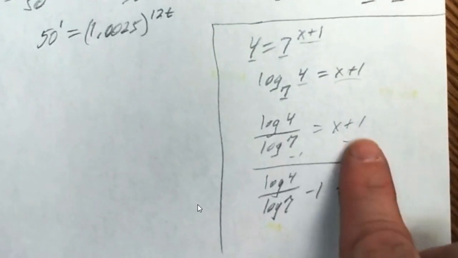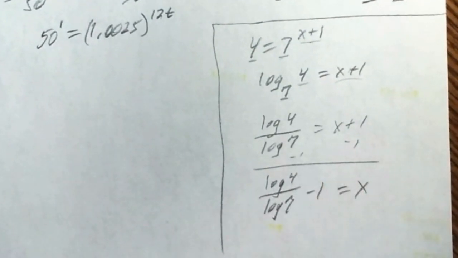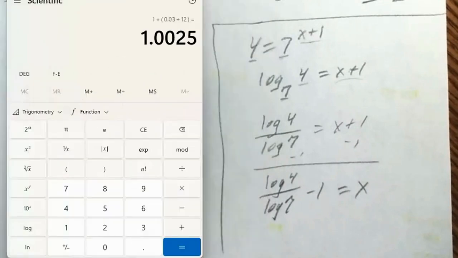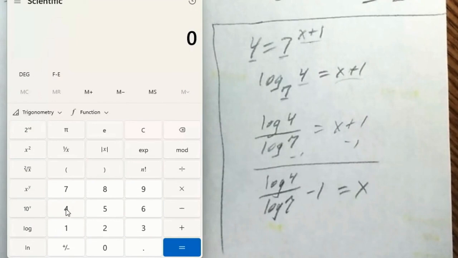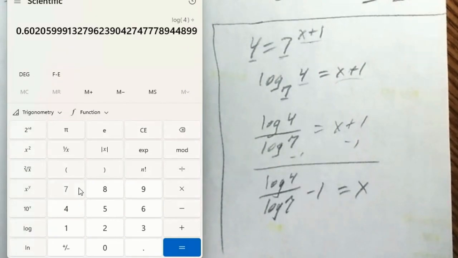Because it's x plus 1, I subtract 1 from both sides. So let's find out what that equals. We can take our calculator and figure out what log base 7 of 4 is, because we can do log 4 divided by log 7. It's that weird number. And subtract 1 from it.